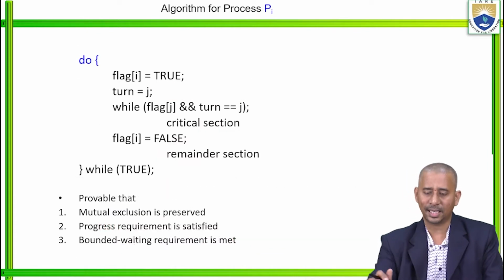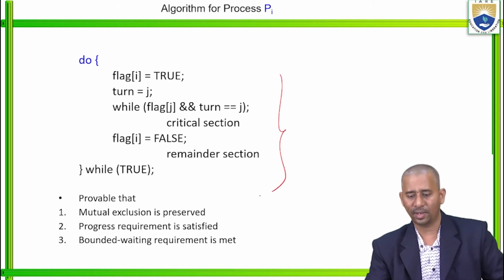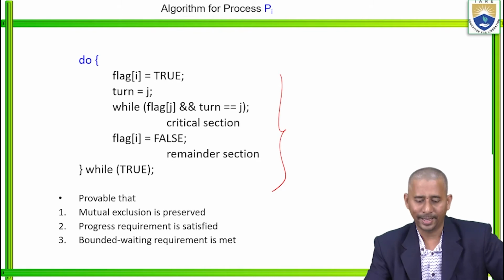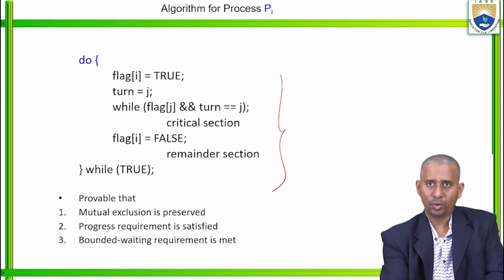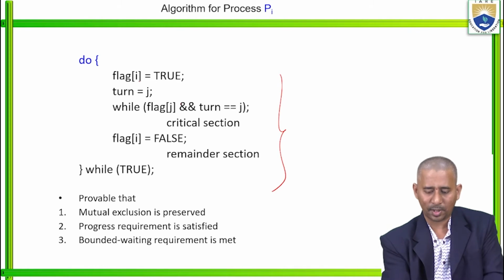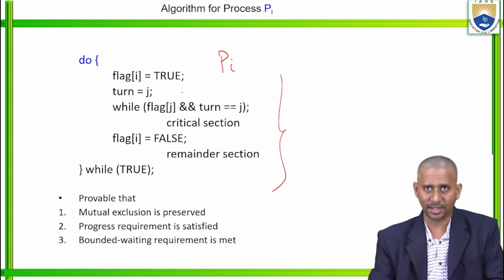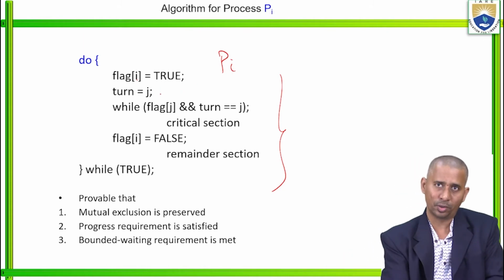Right. So this is the algorithm for process Pi. See, do loop. So flag[i] equals true, in the sense that this ith process, Pi, is ready to enter into its critical section. Then turn equals j.